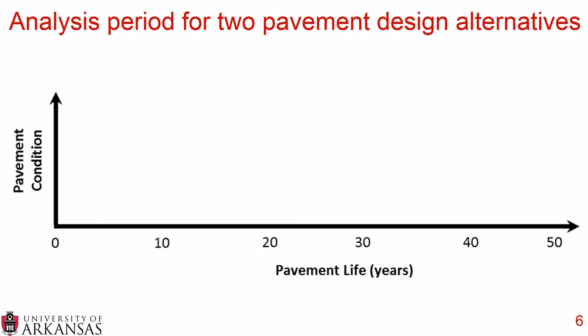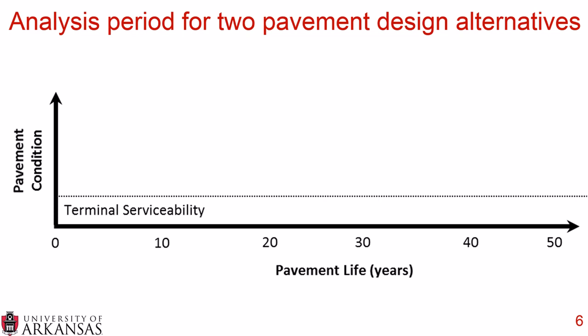Something that's very important to talk about is the length of your analysis, or what's called the analysis period. Generally what you see is a graph like this, where on one axis you have the pavement life in years, and then on the y-axis you have the pavement condition.